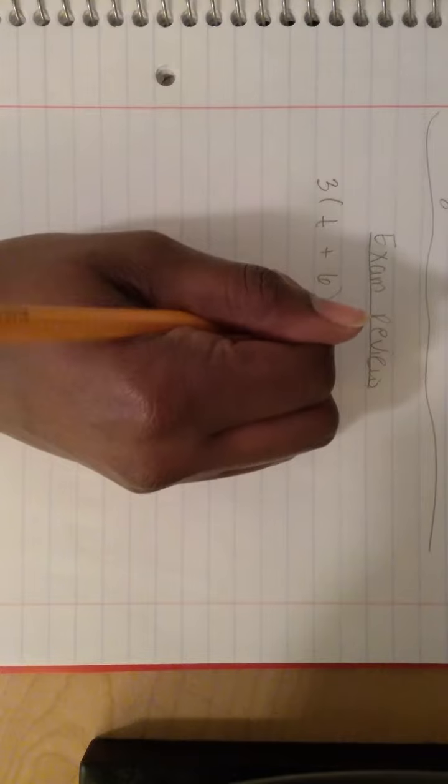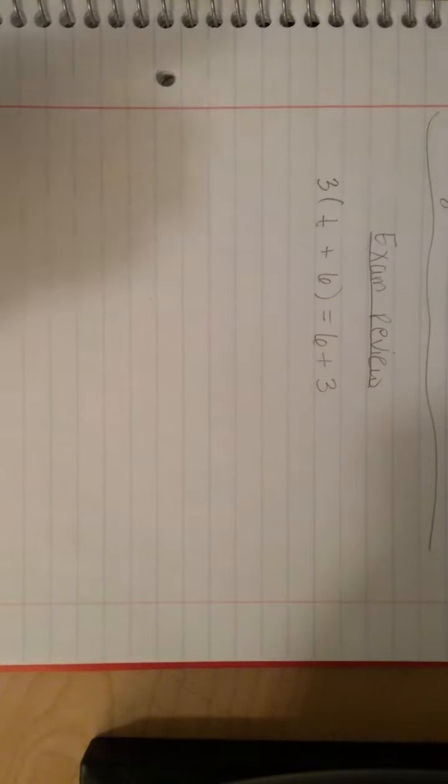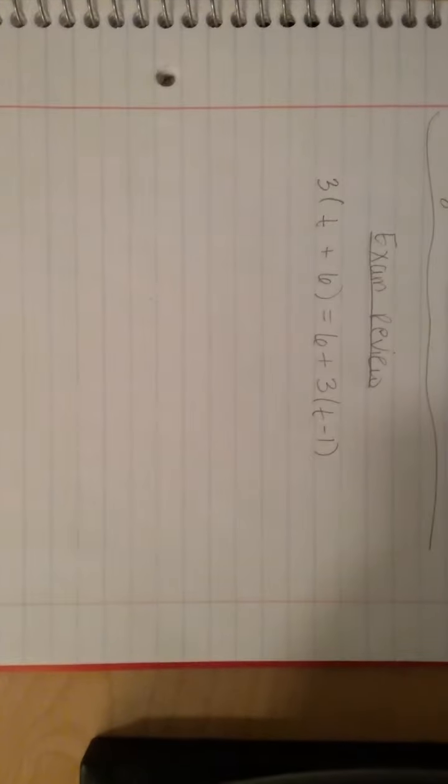3t plus 6 equals 6 plus 3 times (t minus 1). In this case, we're going to do the distributive property first, because in any equation, you always have to get rid of the parentheses first.